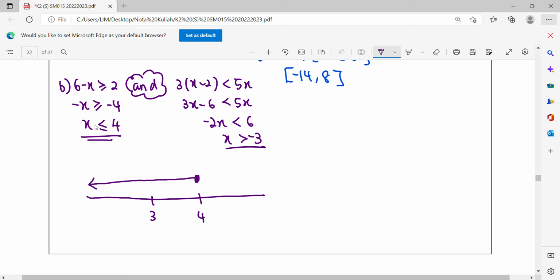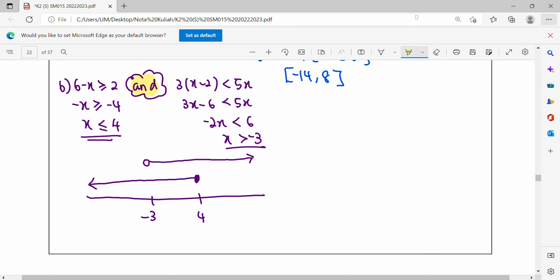Divide by negative 2, we got negative, so negative 3. Okay, so this is our left hand side number line. And then this right hand side number line is also greater than, so empty circle. Greater, we will go to the right hand side. Greater than negative 3. So where does the intersection happen?